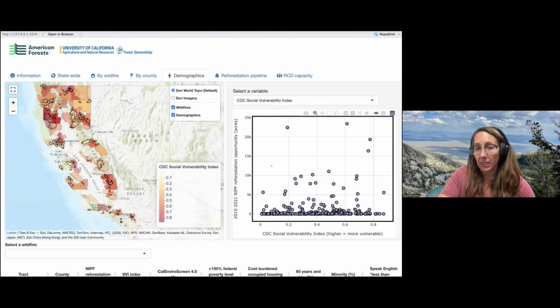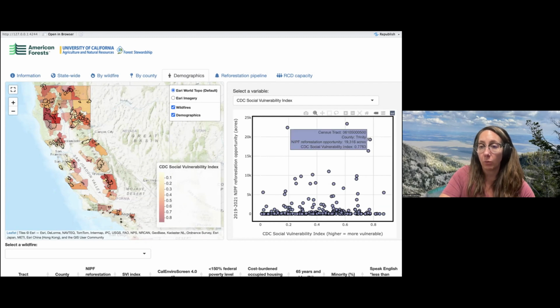You can also see we have a graph here that shows the social vulnerability index on the x-axis, where higher is more vulnerable, and how that relates to the number of reforestation opportunity acres within a particular fire.